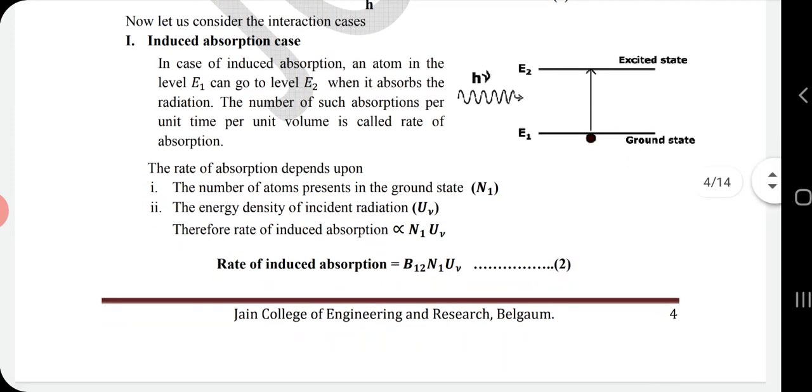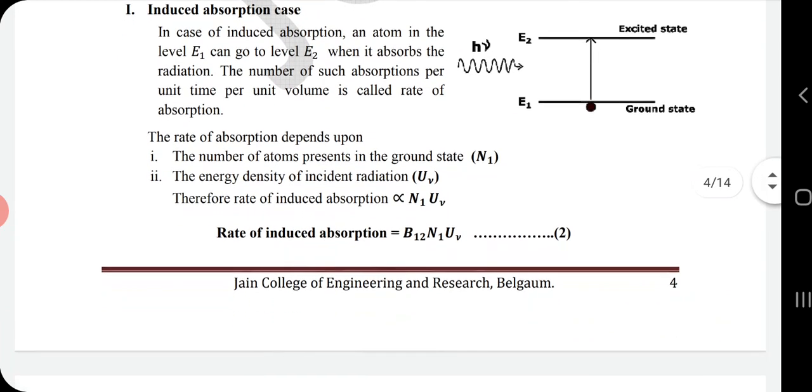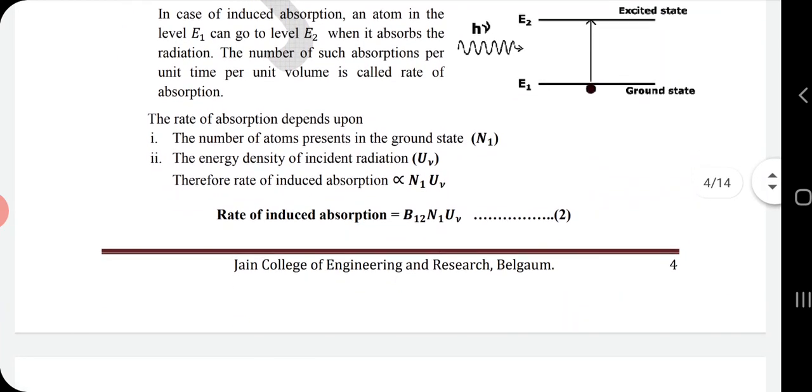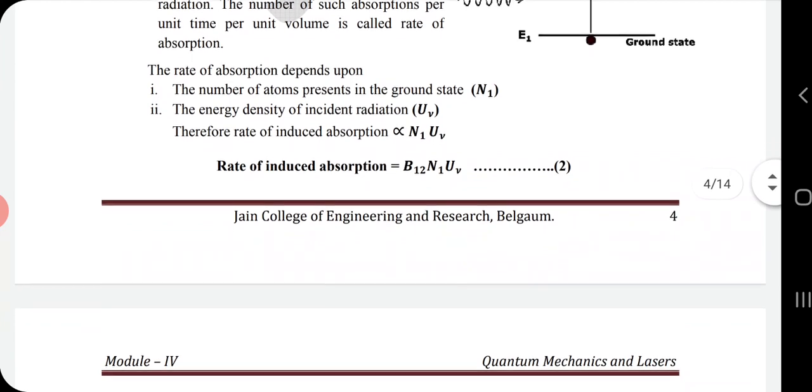So the rate of induced absorption is proportional to n1 and u nu. The proportionality constant is replaced by b12. Okay, b12 n1 u nu is the rate of induced absorption.